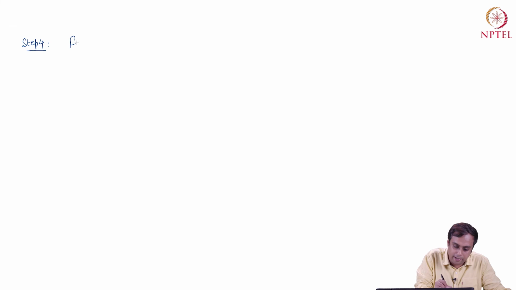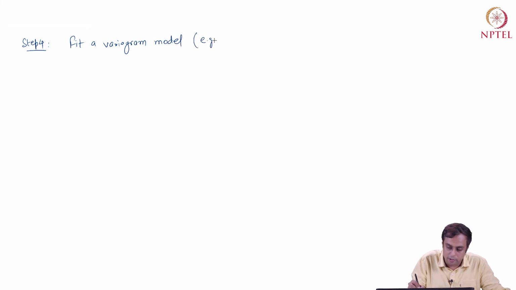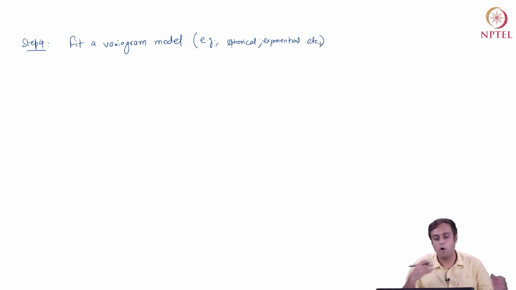Okay. Step 4 is going to be natural. I'm going to fit a variogram model. So we saw variogram models. You can refer to the lecture notes. We looked at the spherical variogram model, the exponential model and several others. So I'm just going to leave it at that. All of this is doable through software.